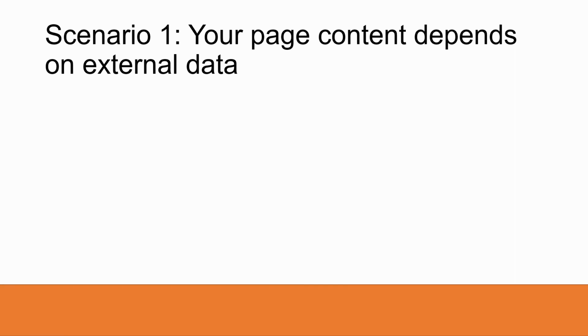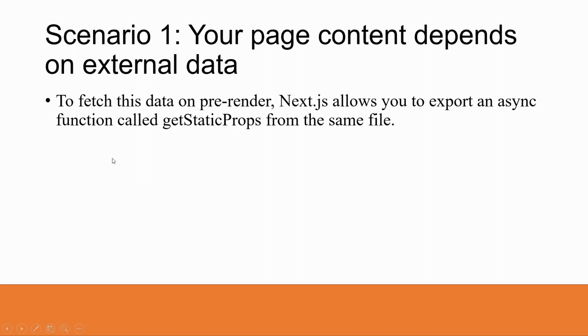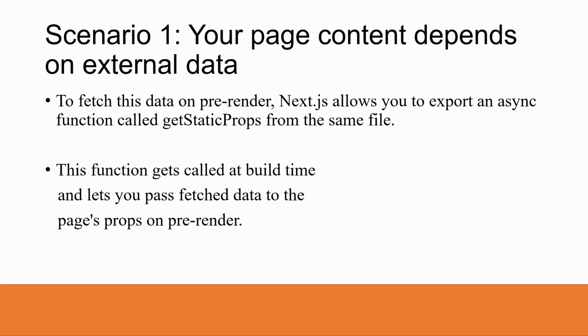First we are going to see scenario 1, where we have to fetch the data from an external source only for page content. Here we are going to use getStaticProps in a file. This is an asynchronous function, so we can get the data, and it will provide the data to the function which has the elements we have to render.